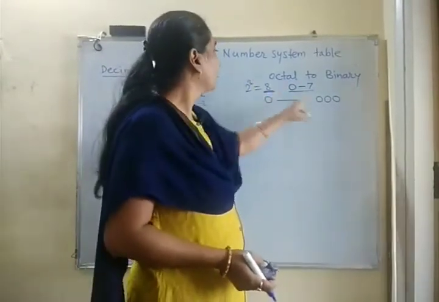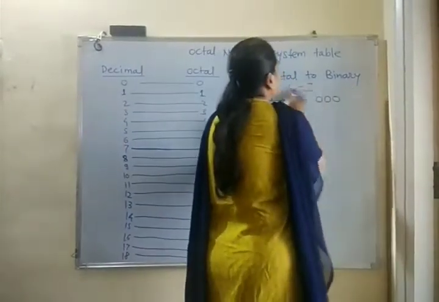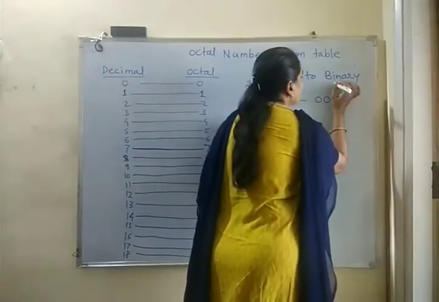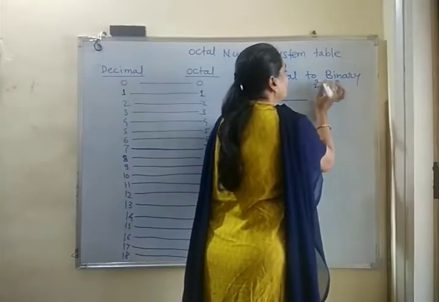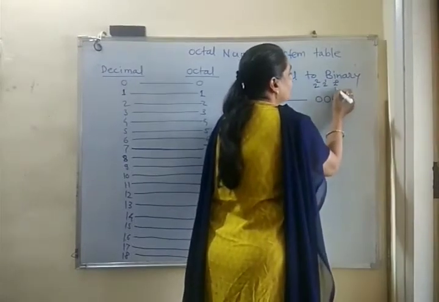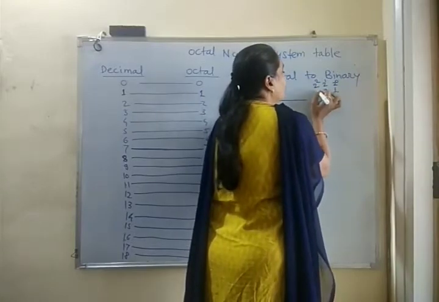How many bits do we require? 3 bits. And how to give the weightage to these 3 bits? 2 raised to the power 0, 2 raised to the power 1, 2 raised to the power 2. 2 raised to the power 0 means 1, 2 raised to the power 1 means 2, 2 raised to the power 2 means 4.